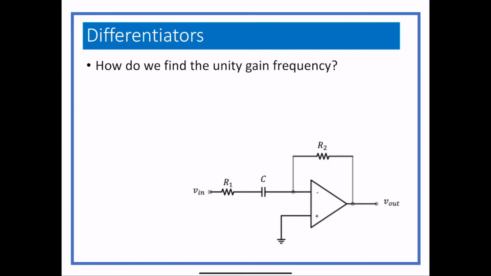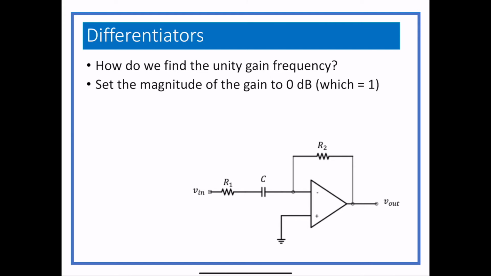All right, so to find the unity gain frequency, we do the same thing we did before. Set the magnitude of the gain to 1, or 0 dB. Again, we don't worry about the negative or positive, or about phase angles. We just worry about the magnitude of the gain.